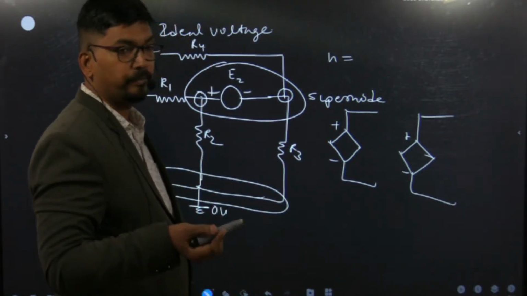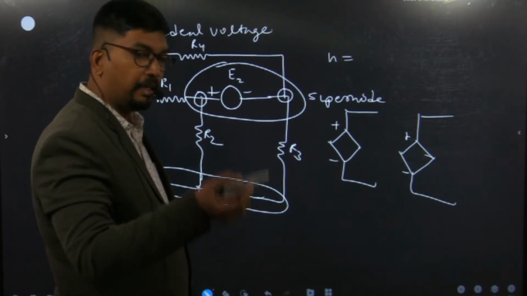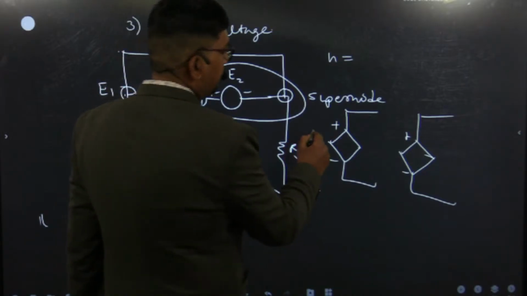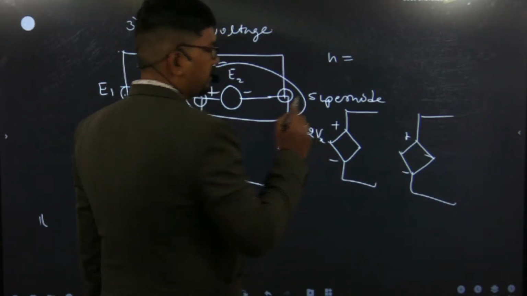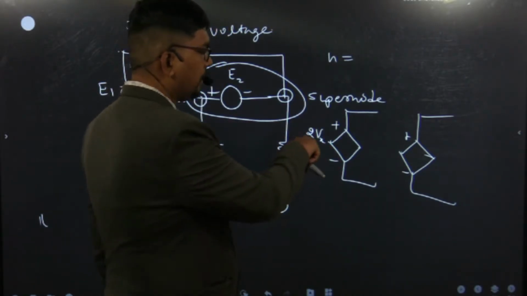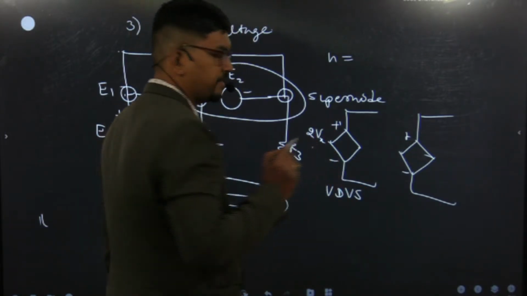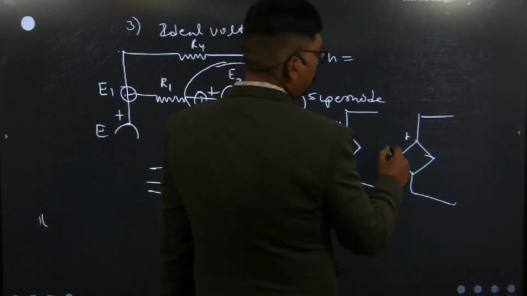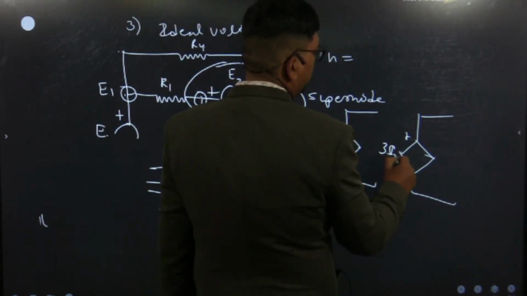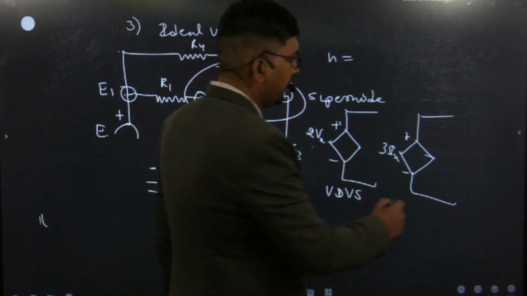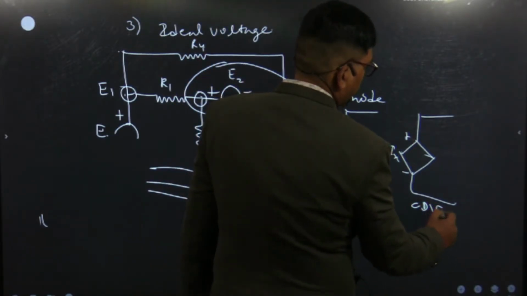According to the name, it is dependent, it means its magnitude depends upon some other circuit element. For example, we have written here 2Vx. So it is called a voltage dependent voltage source, VDVS. And suppose I have written 3Ix. That is called a current dependent voltage source, CDVS.